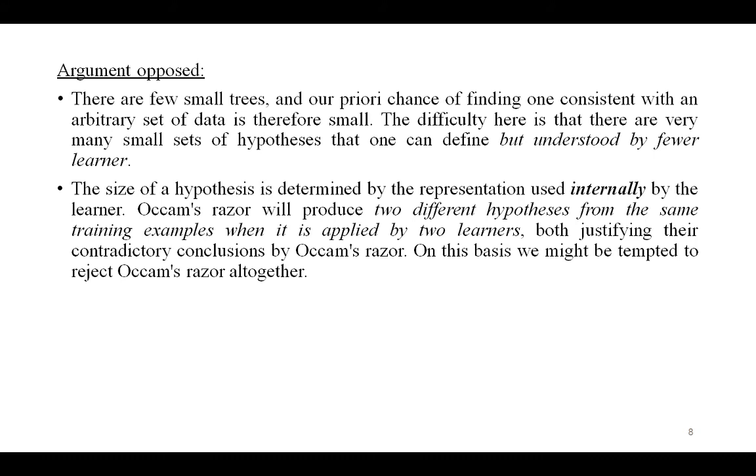So if the species of agents employ a learning algorithm whose inductive bias is Occam's razor, we expect evolution to produce internal representations for which Occam's razor is a successful strategy.